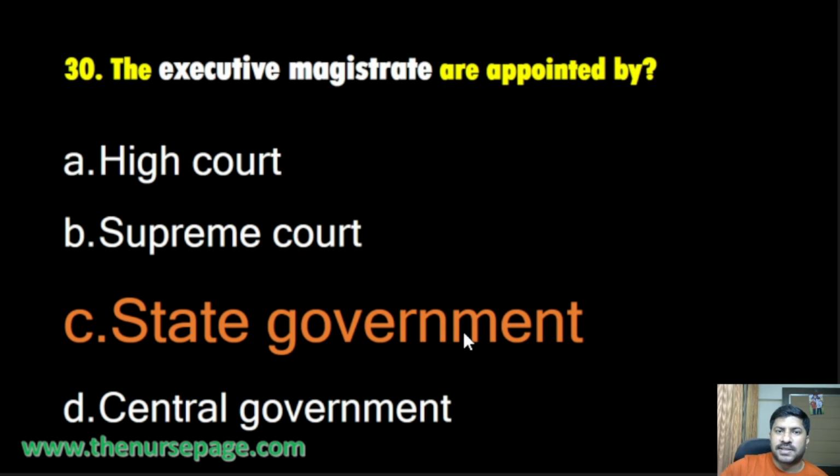Most commonly, Tahsildar and district collector are examples of executive magistrate. They have the power of execution, meaning some administrative powers, and this is a lower level of magistrate. So these officers are appointed by the state government of a particular region.